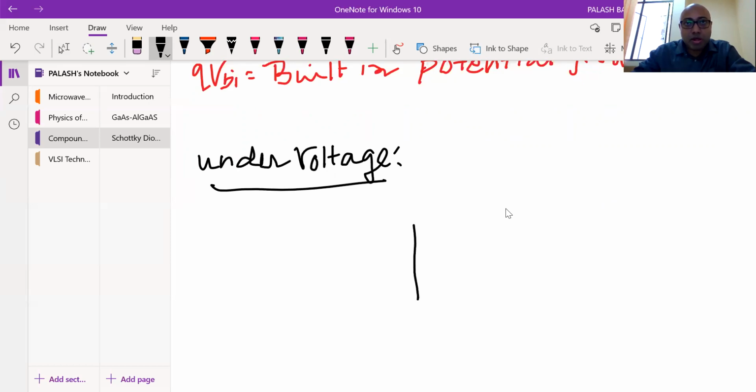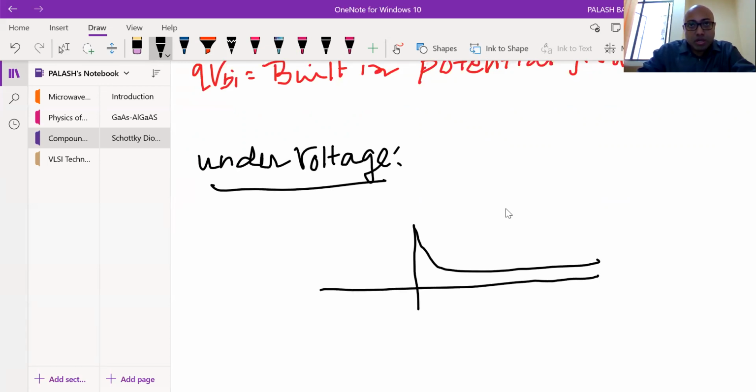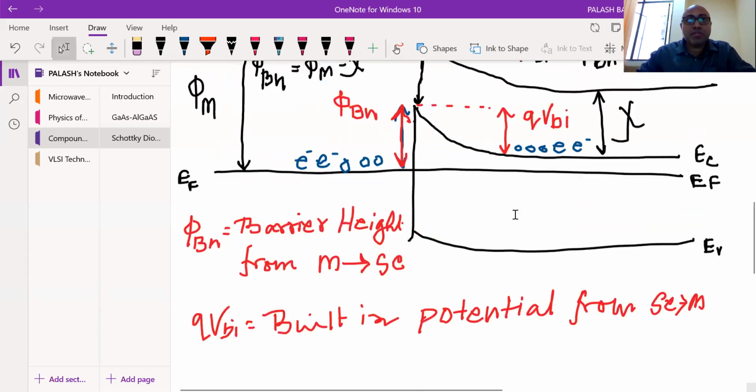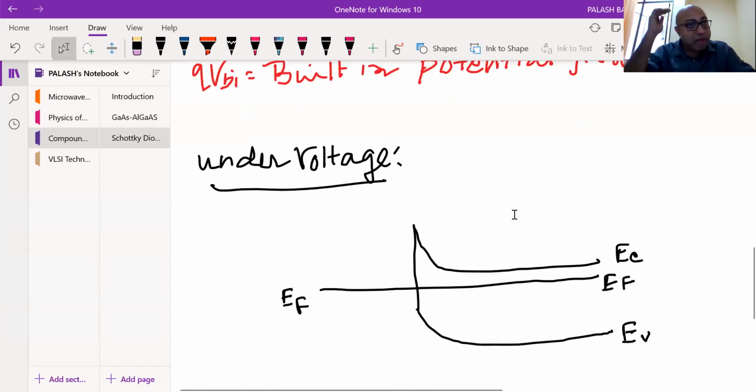I have to be very careful now because I have to draw a lot of things here. Look at this. This is the structure. If you see book and paper, they represent it in this manner, right? They are not drawing everything in full, but actually they are drawing the whole thing. They are not drawing the vacuum level and everything.